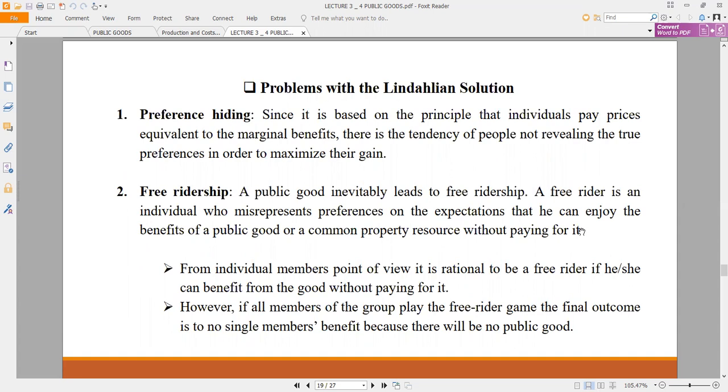What are some of the issues, the challenges of the Lindahl solution? The first one is preference hiding. Okay, I know that you cannot prevent me from consuming the good, and as soon as the good is provided for, I can enjoy it.